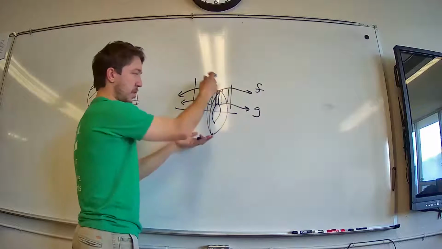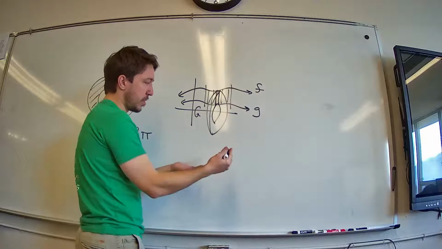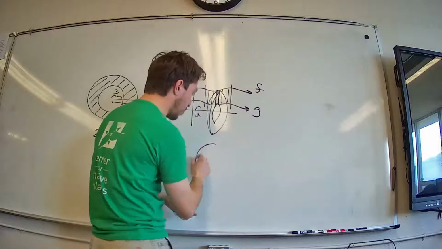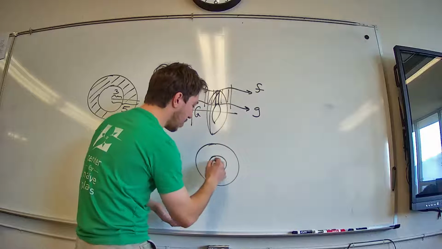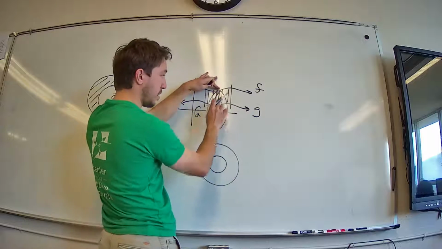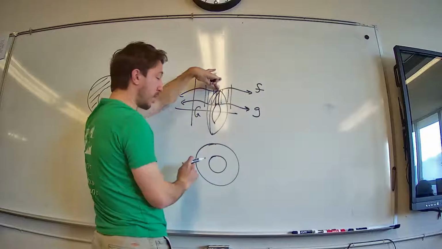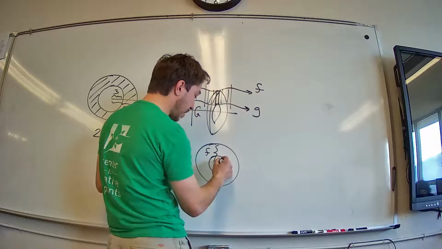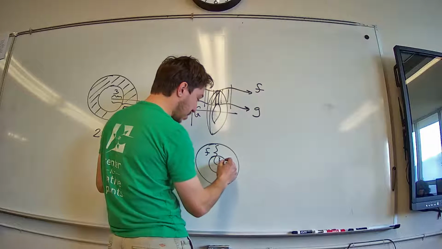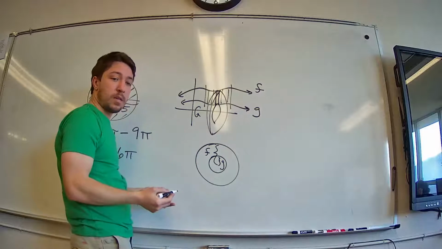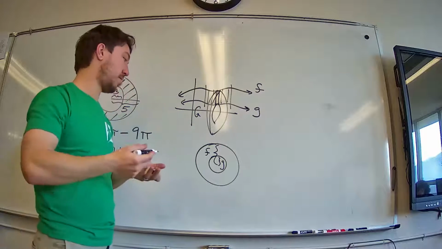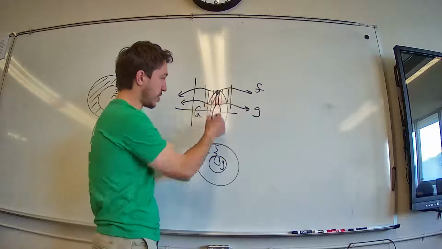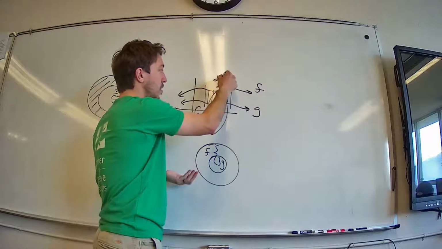It's going to be a washer. And then what are the 2 radii involved? The big radius is the bigger function, f, and the little radius is g. And the thickness of this would be dx.